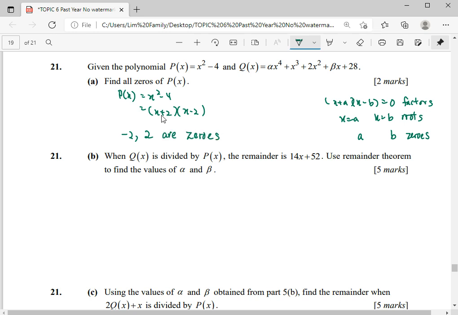Of course, when we write x equals negative 2, x equals 2, this is what we call roots. Different forms use different terms. In bracket form, we call them factors. In x form, we call them roots. Just the value, we call zeros.